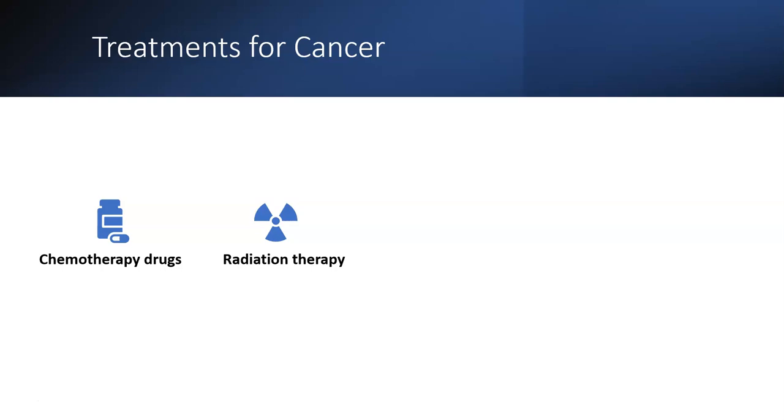It can be used to shrink tumors, or it can be used after using chemotherapy drugs or surgery. So surgery is the third. Surgery can be used to remove a solid tumor. So if somebody has breast cancer or stomach cancer, the cancerous tissue could actually be excised. That's the surgical term for removal.